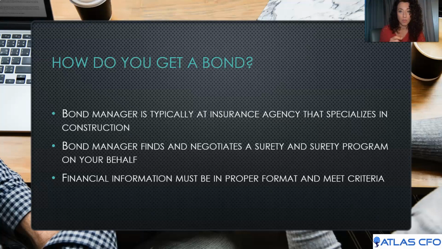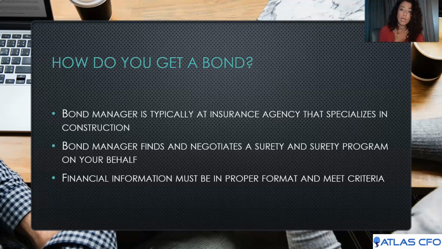The bond manager, or the insurance agent, depending on who you're with, will then go and find the surety that best matches the contractor. It's a little bit like matchmaking, and similar to getting an insurance policy in that they go to market and find the right surety. But as I mentioned, there are a lot more requirements.